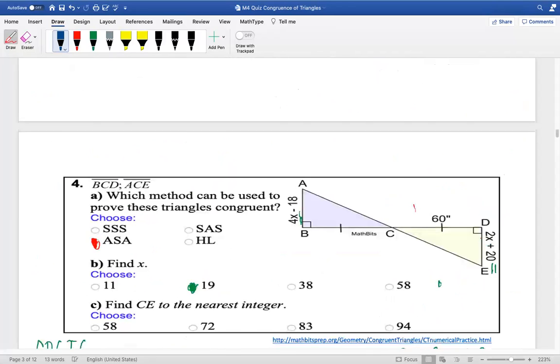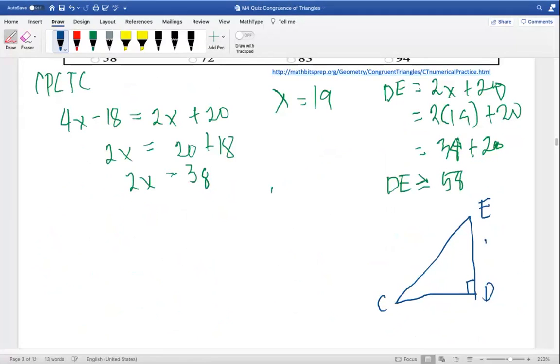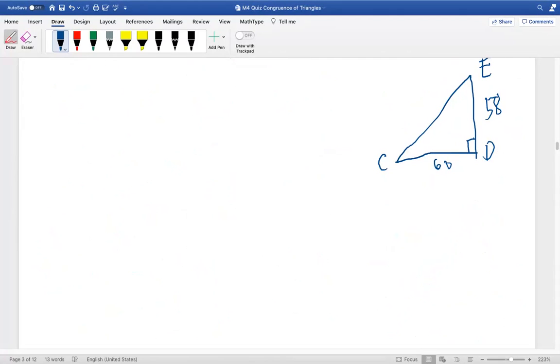We know that DE is equal to 58, and this is 60. This is our CE, so let's solve for the segment CE and let CE be x.